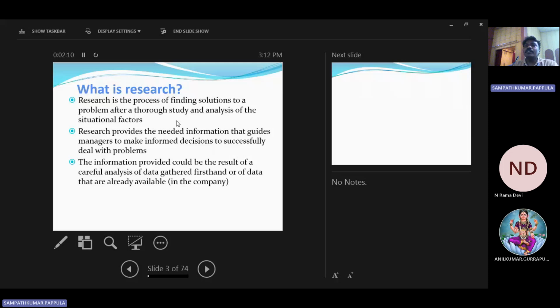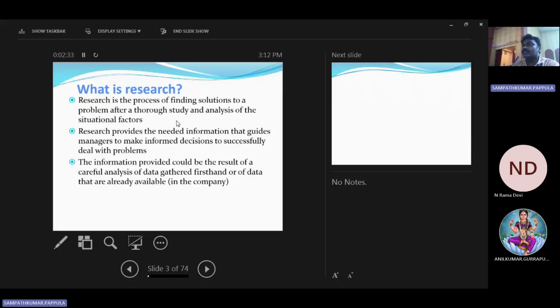But you need to study the existing methodologies on the particular work and identify some problem. For that problem, you need to try to get a solution with the help of the existing methodology only. We are not creating something.